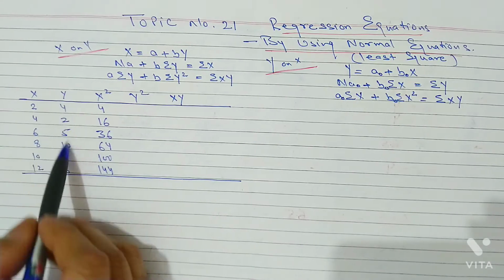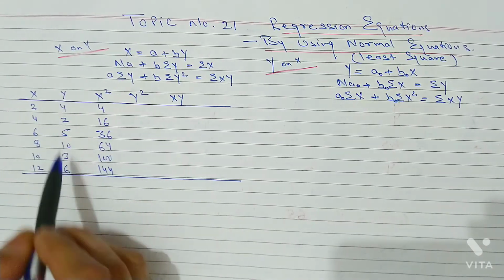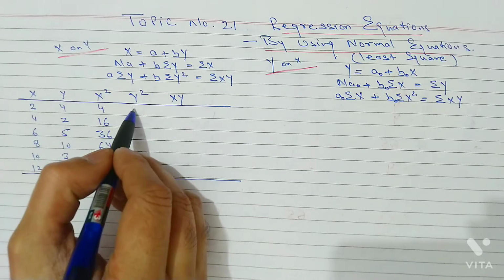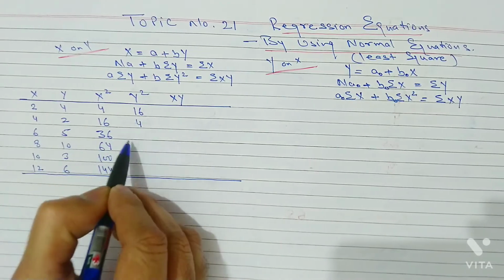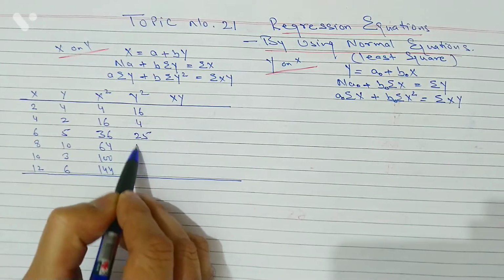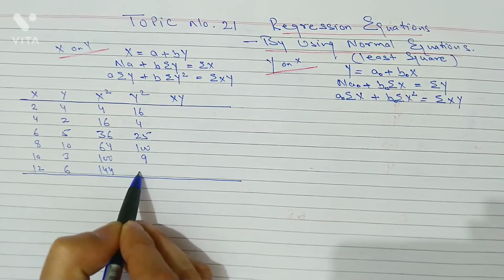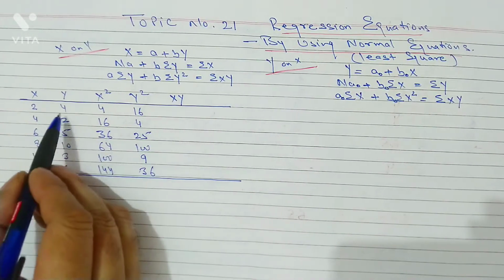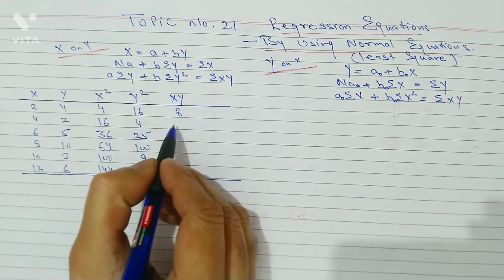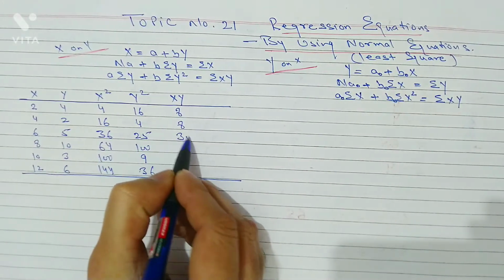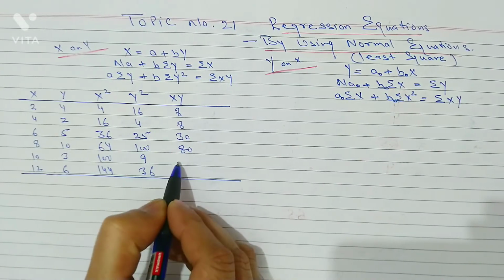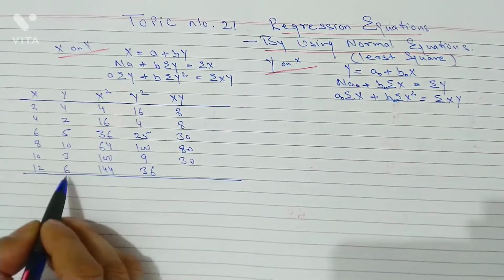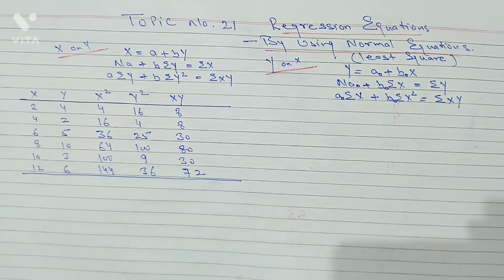And y square: 16, 4, 25, 100, 9, 36. Then xy: 8, 8, 30, 80, 30, and 12 into 6, 72.